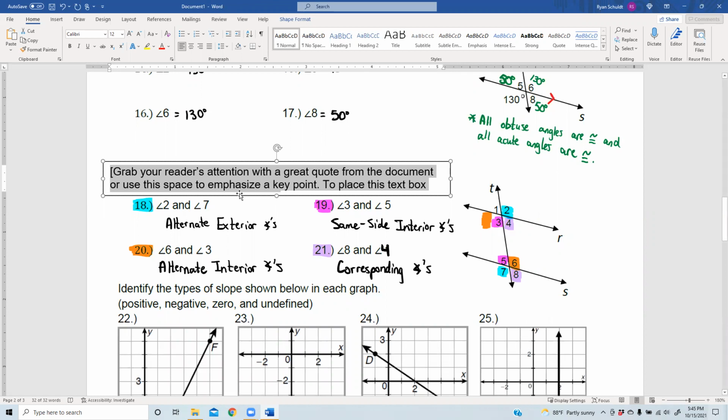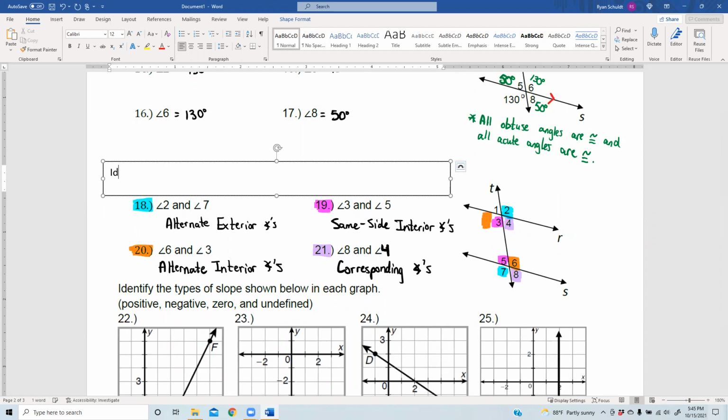Okay, so what did we do here? We identify the angle relationships.